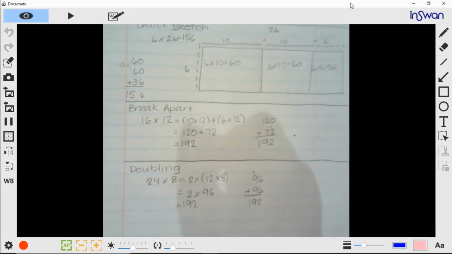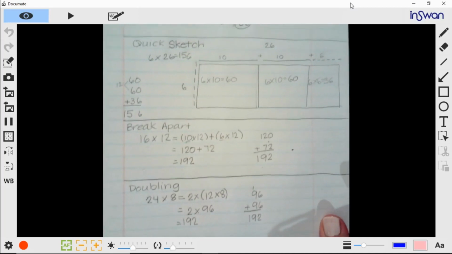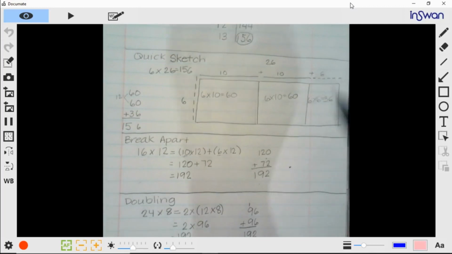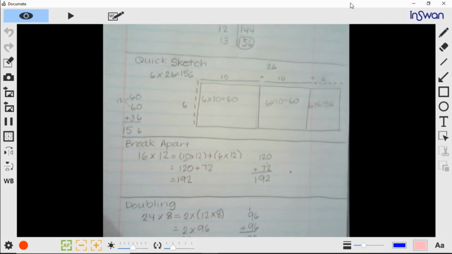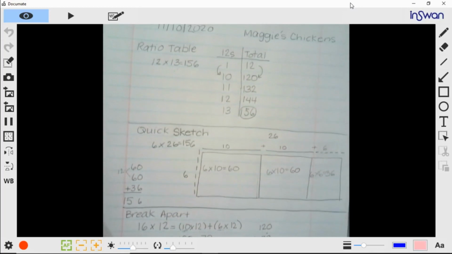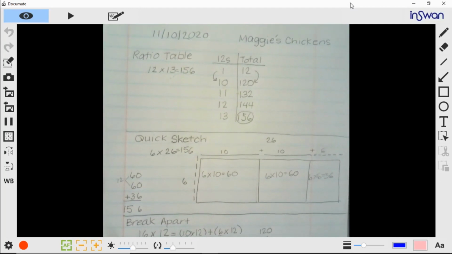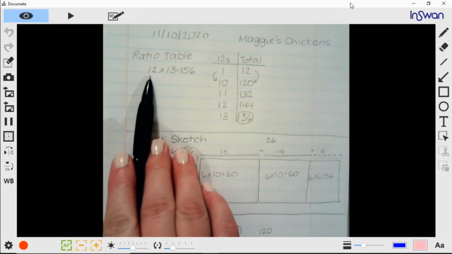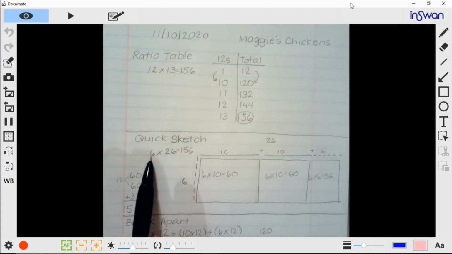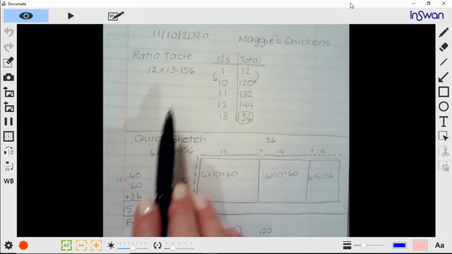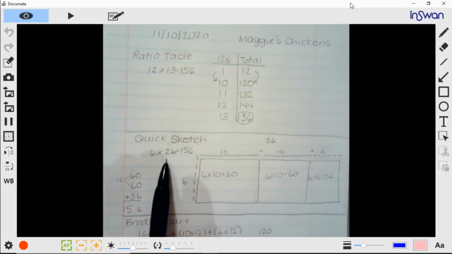So before we go back to put this answer in, I want you to look back at our answers so far. For our first two problems, we had 156 and 156. They're the same answer. Do you notice anything about the numbers? Do you see any patterns? Look specifically at the 12 to 6 and 13 to 26.